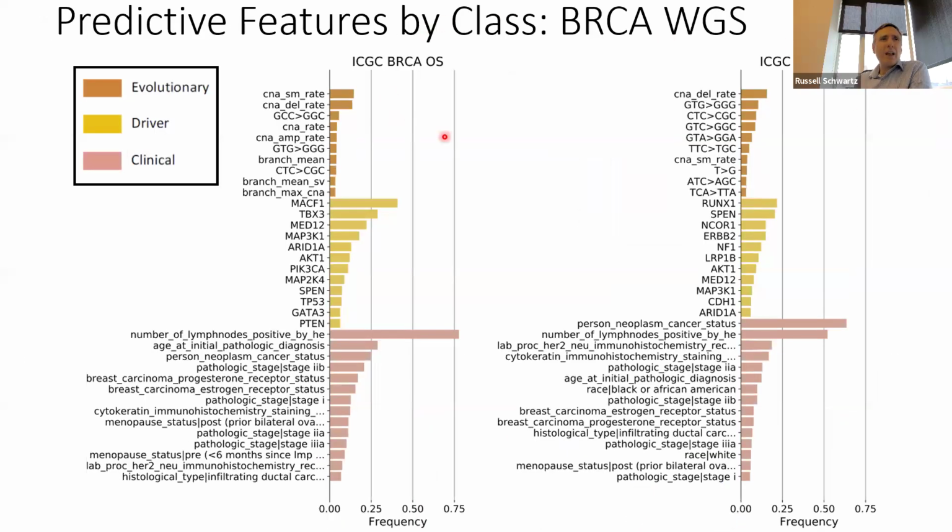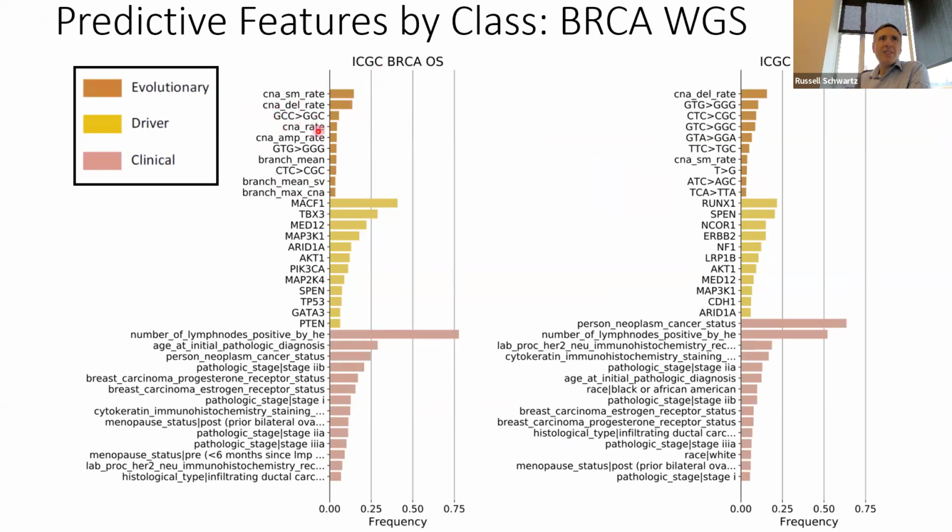We can find that there are lots of things about a cancer that are predictive of what it will do in the future, some of these being things that describe the evolutionary process. Some are more prone to point mutations, some to copy number changes, some are more prone to particular kinds of point mutations.